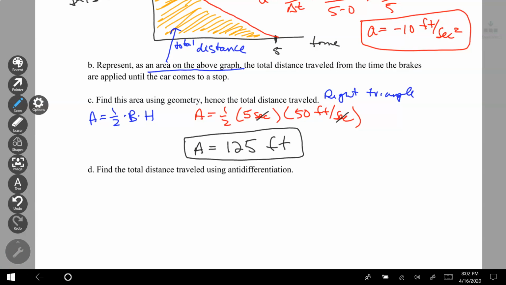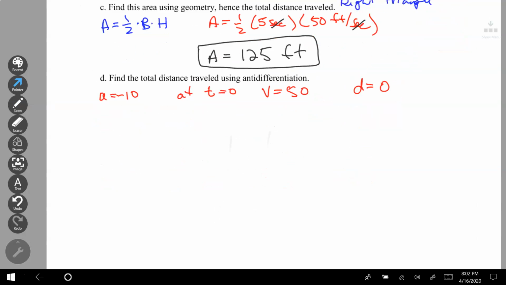What do I know from before? I know that my acceleration is equal to negative 10, and at t equals 0, my velocity is equal to 50, and my distance, I call it d for displacement, is equal to 0. I haven't gone anywhere yet. Well, let me use my calculus skills.